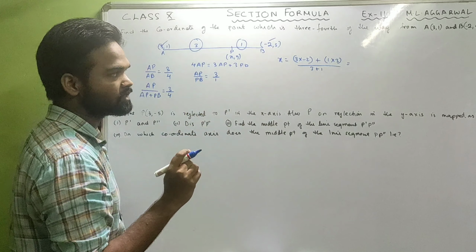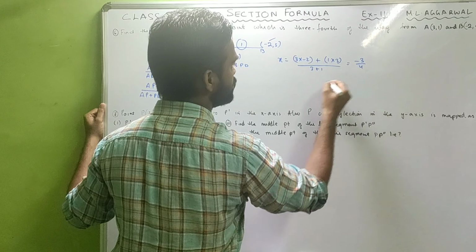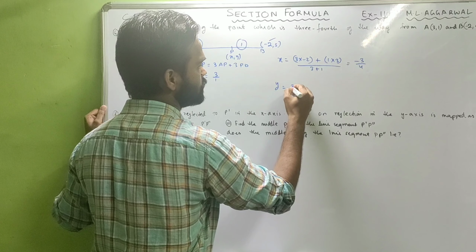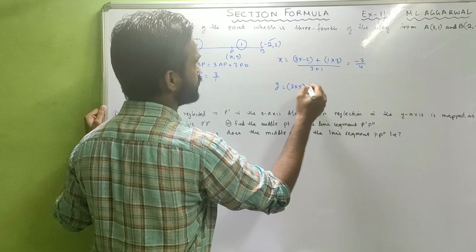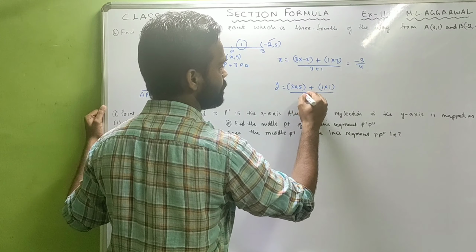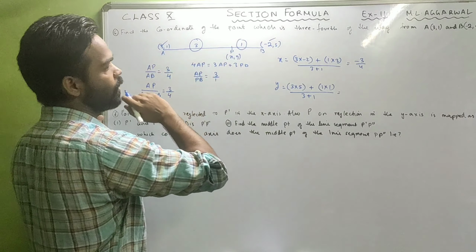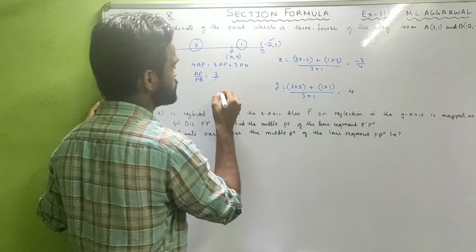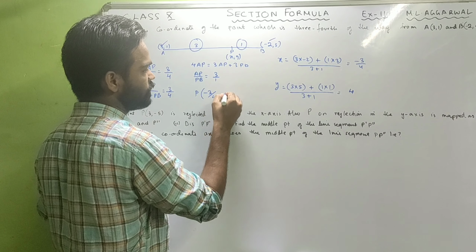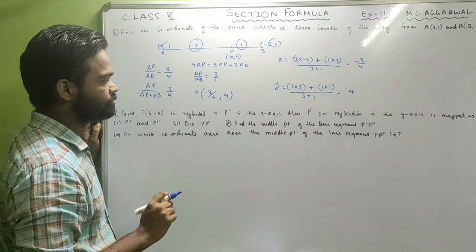That's minus 6 plus 3, that's minus 3/4. Done. And y will be similarly m y2, that's 3 multiplied by 5, plus n y1, that's 1 multiplied by 1, by 3 plus 1. That's how much? 3 fives are 15 plus 1, that's 16/4, that's 4, which means the coordinate of P will be (minus 3/4, 4). Done. Which is 3/4 of the way from A to B.